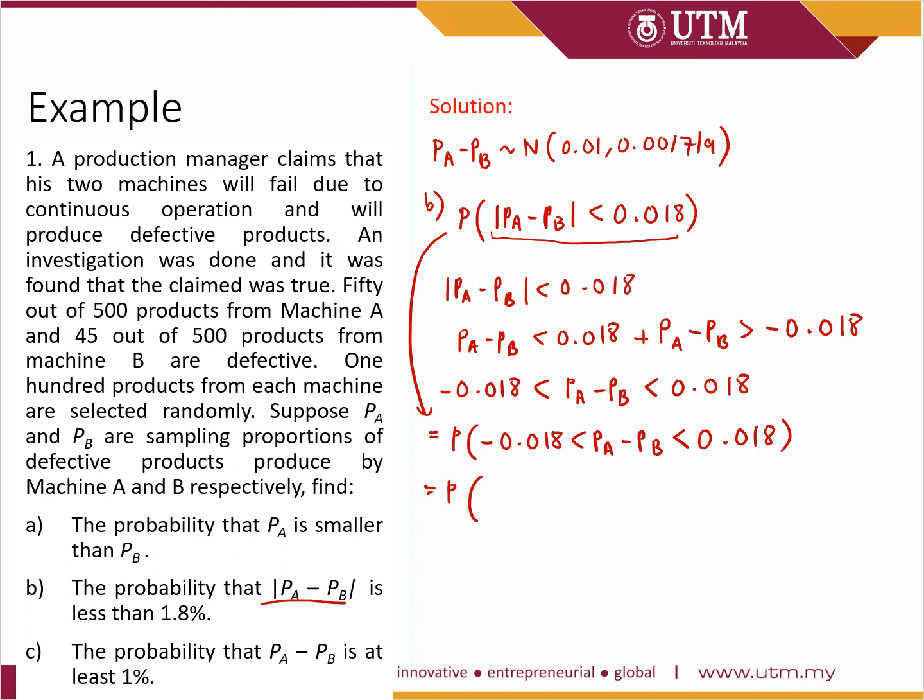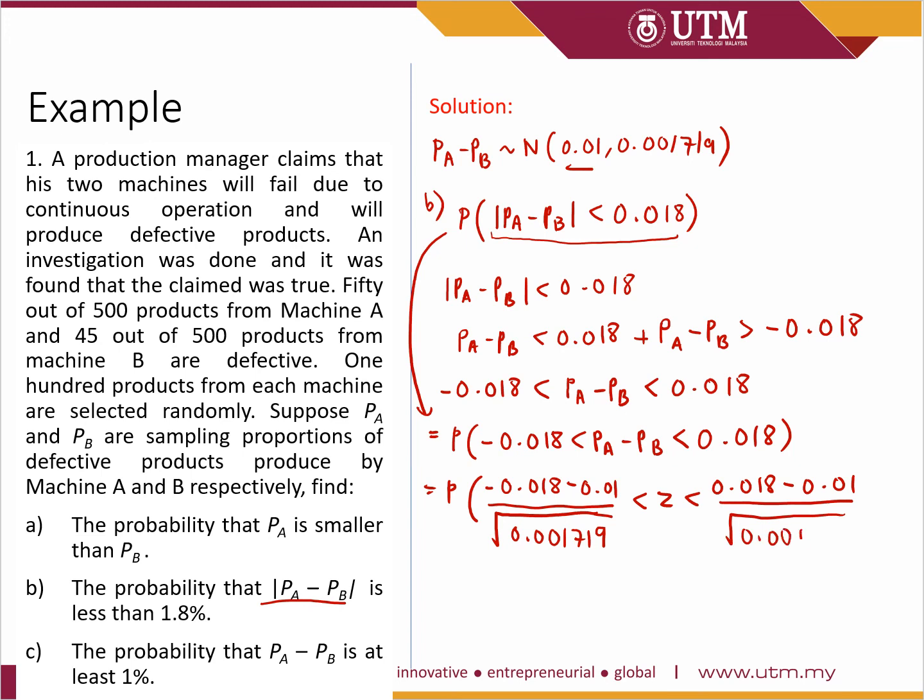Using the standard normal distribution, minus the mean, divided by the standard deviation, z is between negative 0.68 and 0.19.